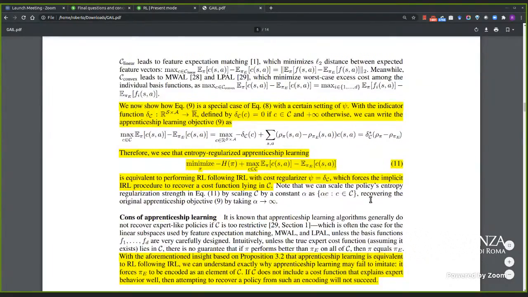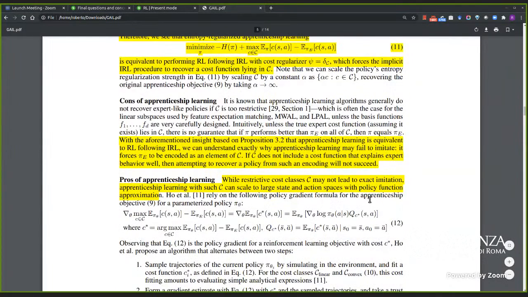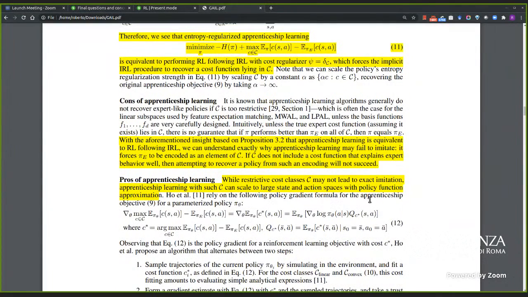But it might be that the expert cost function does not belong to that cost function space. So it's restrictive. And while restrictive cost classes C may not lead to exact imitation, apprenticeship learning with such C can scale to large state and action spaces with policy function approximation.